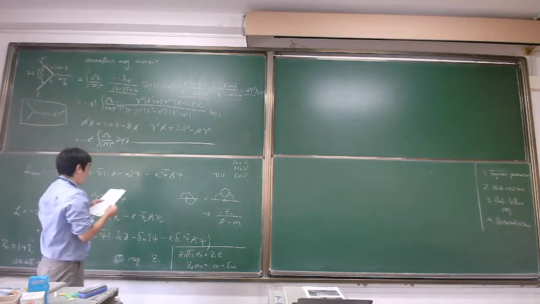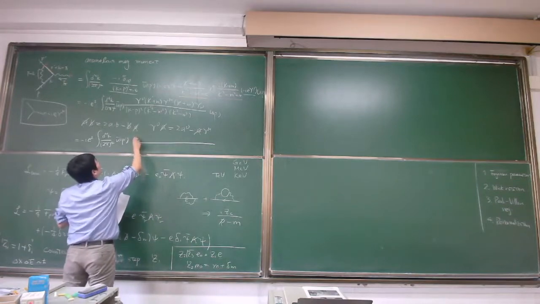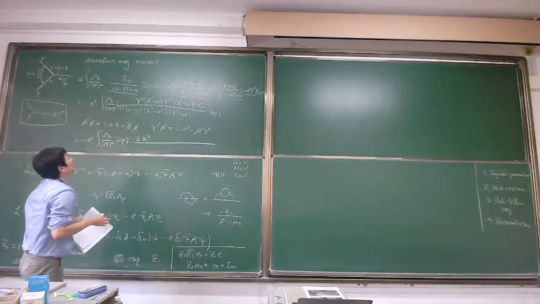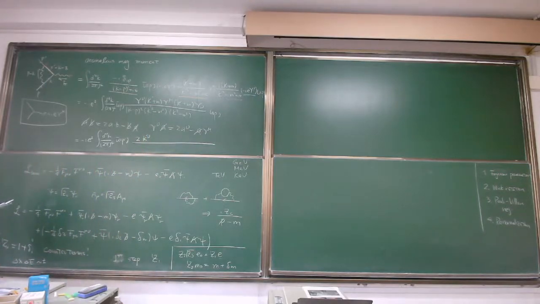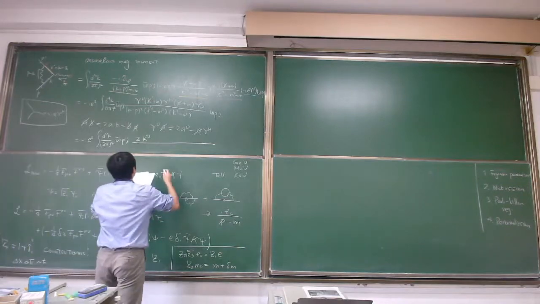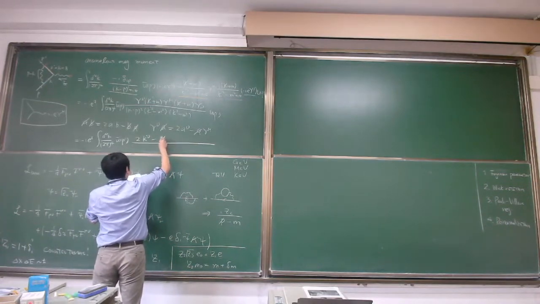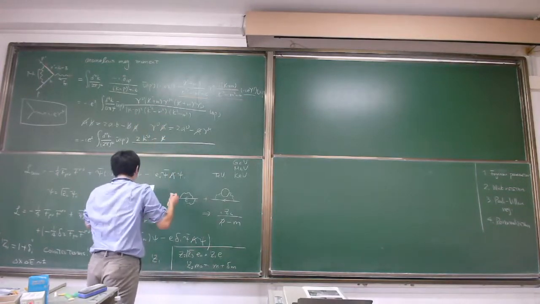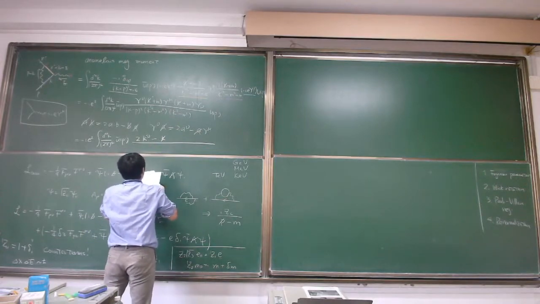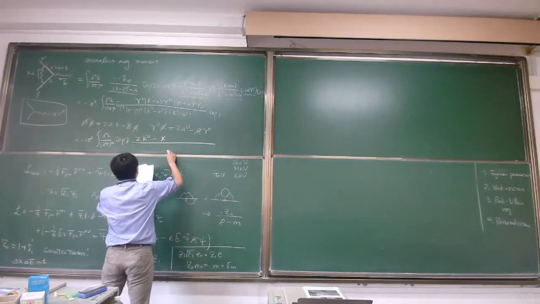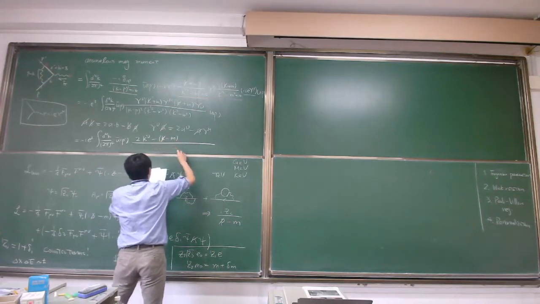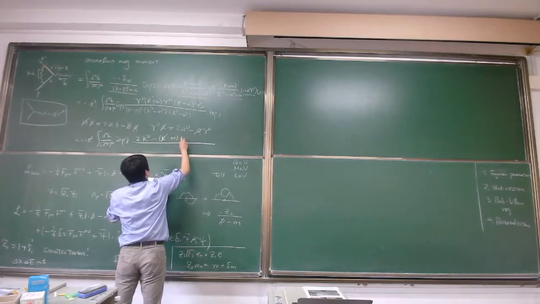And then what we have is 2 times k nu, k prime nu, and then minus k slash. So first, I just bring this gamma nu into here. Gamma nu to here, so we will get the minus m k prime, and then let's see, gamma nu.